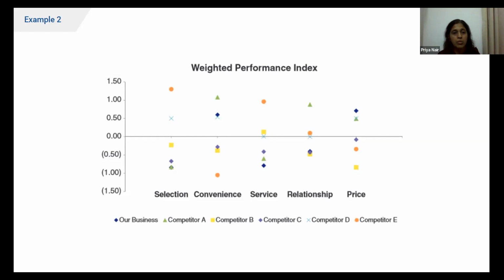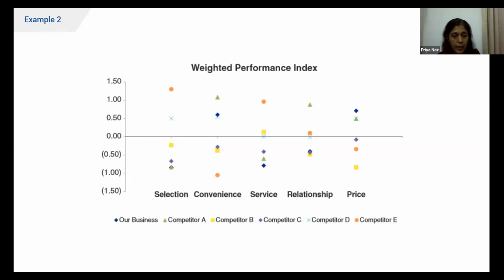If the index is high, that means they are performing really well, and if it is negative, that means in those areas their performance is really low.